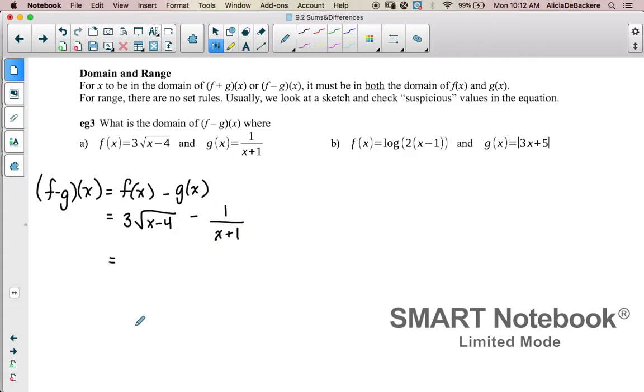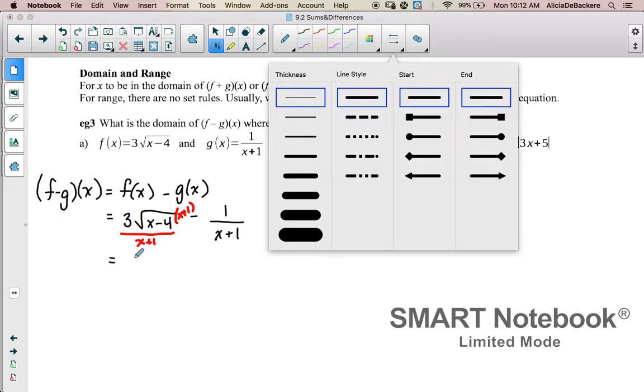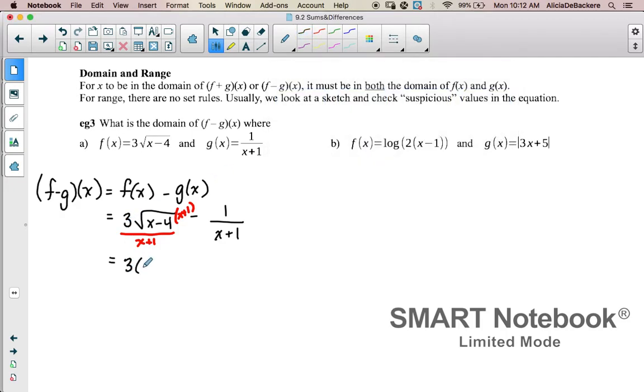Again, whenever I see a rational, I'm going to double check that I can simplify this by coming up with a common denominator. And here my common denominator would be x plus 1. And then I would need to multiply this numerator by x plus 1 to combine these two things. So then my overall equation would be 3 times x plus 1 times the root, all minus 1. And then all of that would go over x plus 1.